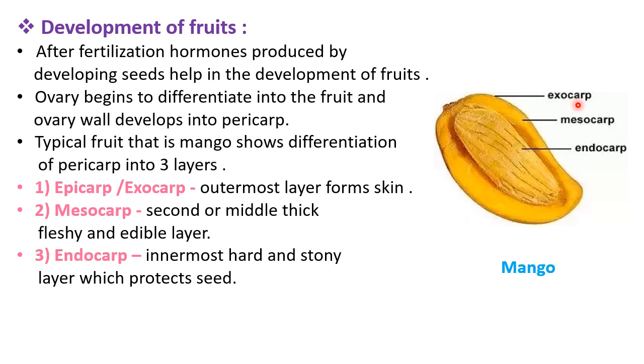Inner to the epicarp or exocarp, a fleshy, juicy, and edible layer called mesocarp is present. The innermost hard and stony layer is called endocarp. As endocarp is hard, it protects the seed. So, fruit develops simultaneously when the seed develops.